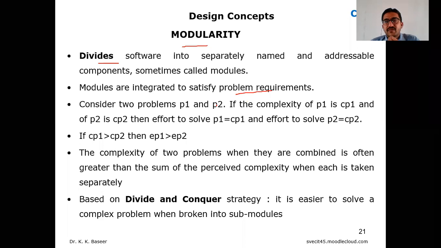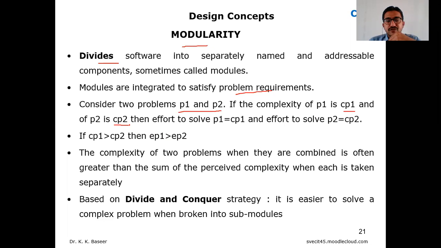For example, if you take two problems, P1 and P2, there is a complexity CP1 for problem 1 and CP2 for problem 2. The effort is calculated as P1 equal to CP1 and P2 equal to CP2. If the complexity of the first problem is more than that of the second, automatically the effort is also more.